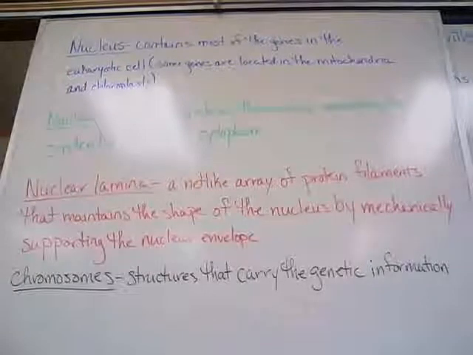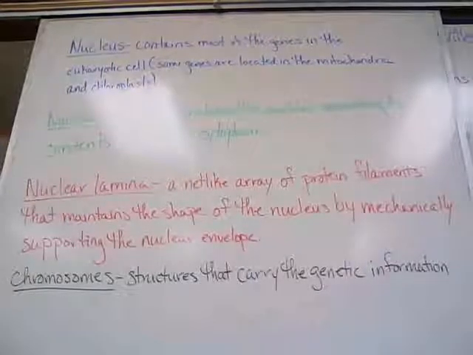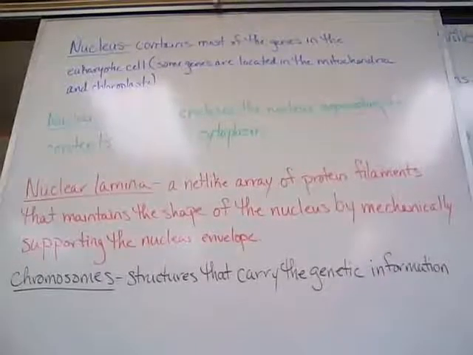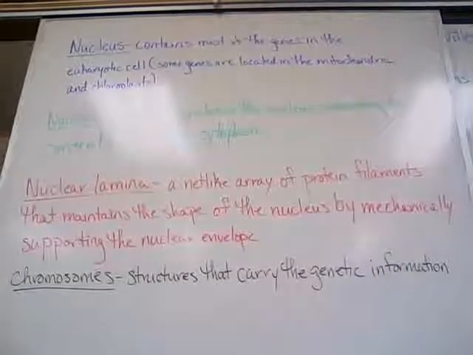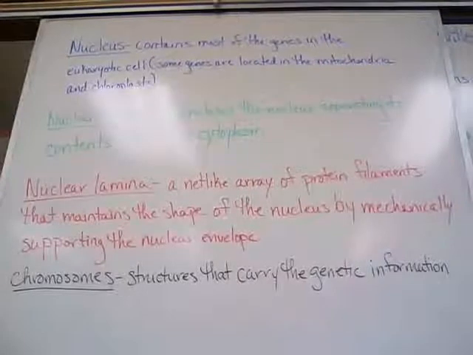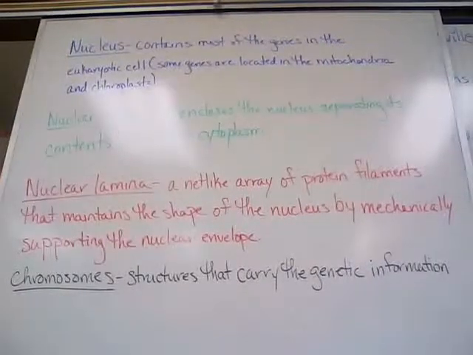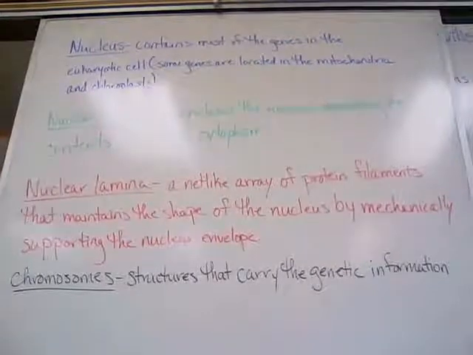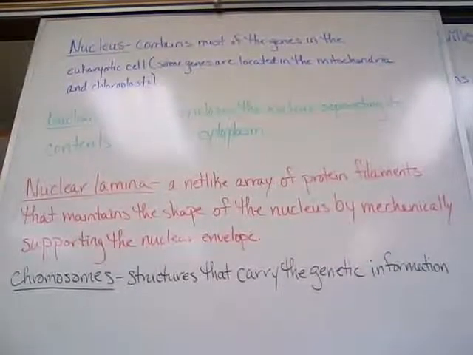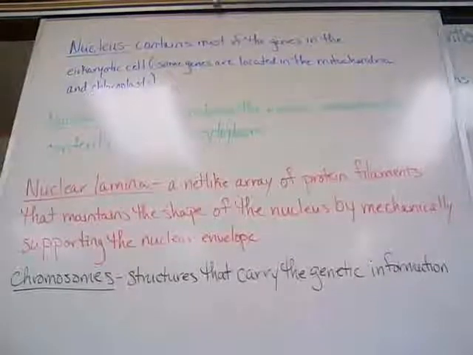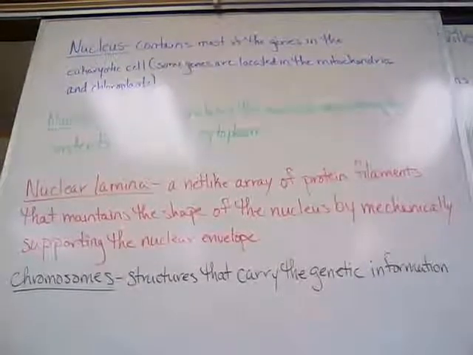Except at the pores, the nuclear side of the envelope is lined by the nuclear lamina, a network array of protein filaments that maintains the shape of the nucleus by mechanically supporting the nuclear envelope. There is also much evidence for a nuclear matrix, a framework of fibers extending throughout the nuclear interior.